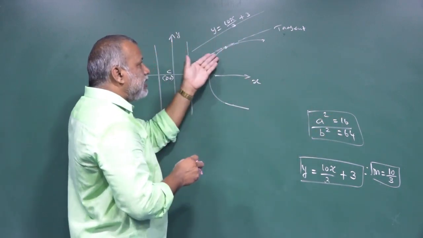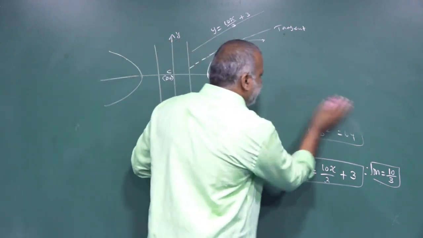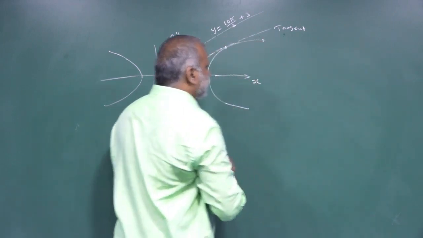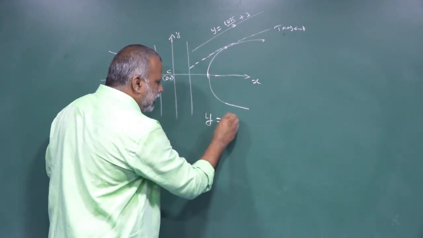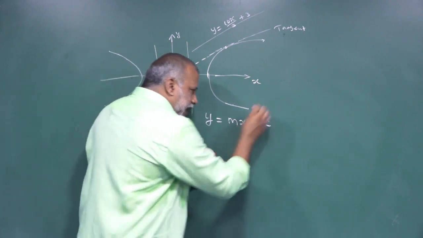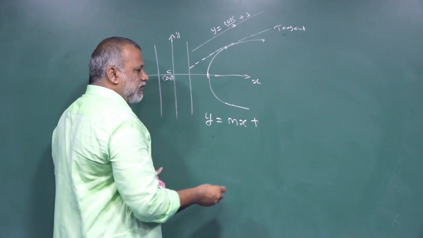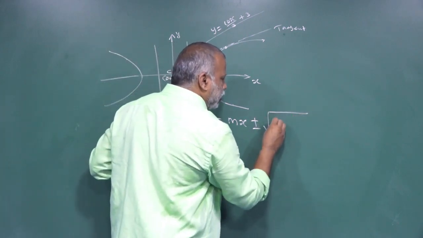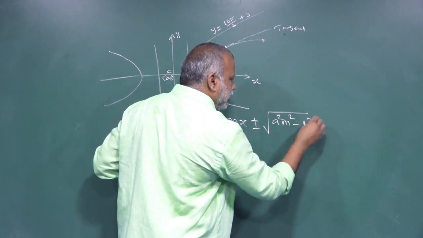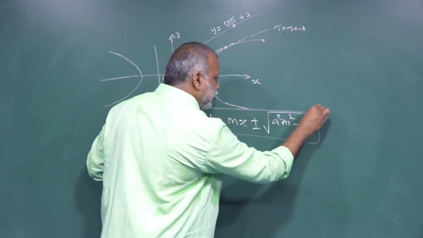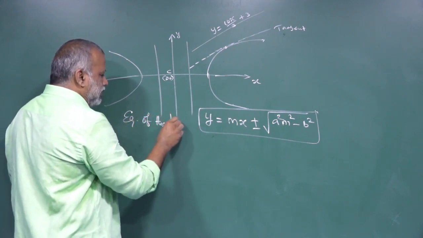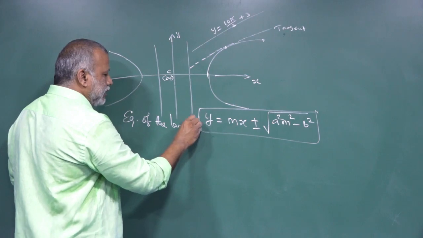Now, what is the equation of this tangent? This is also what we derived in your theoretical part. Y equal to mx plus c is said to be a tangent when c is plus or minus square root of a squared m squared minus b squared. Listen carefully and understand.